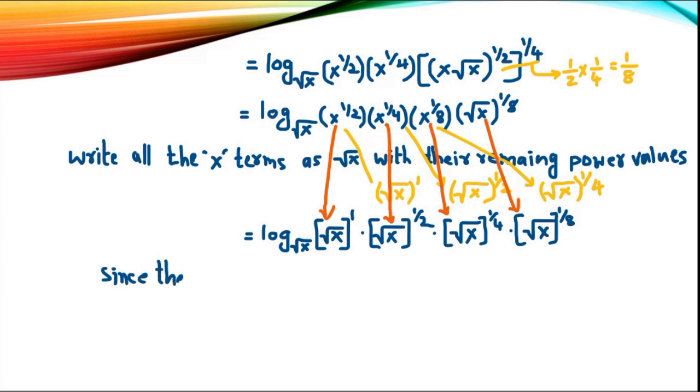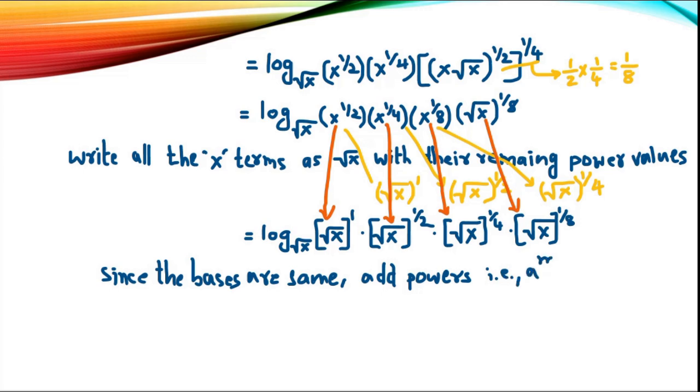Now all the bases are same here, so add all the powers. The formula is a to the power of m into a to the power of n is equal to a to the power of m plus n. We are using this formula and adding all the powers of these same bases.